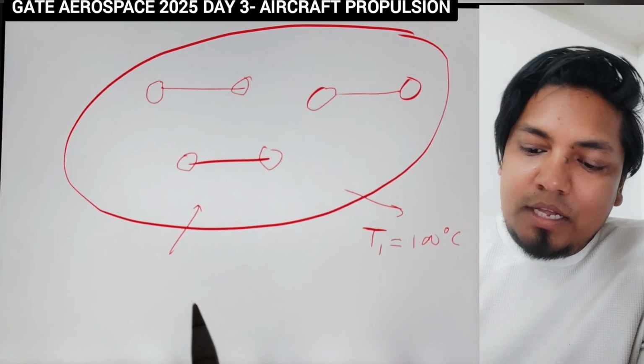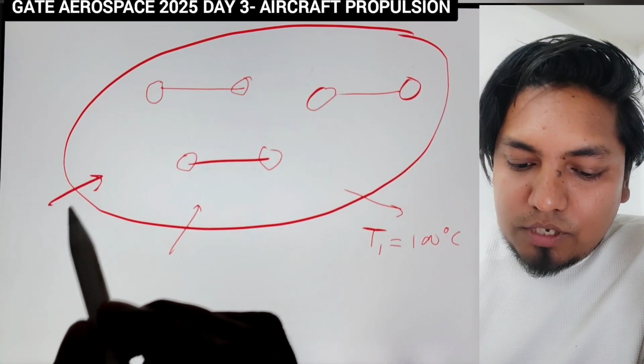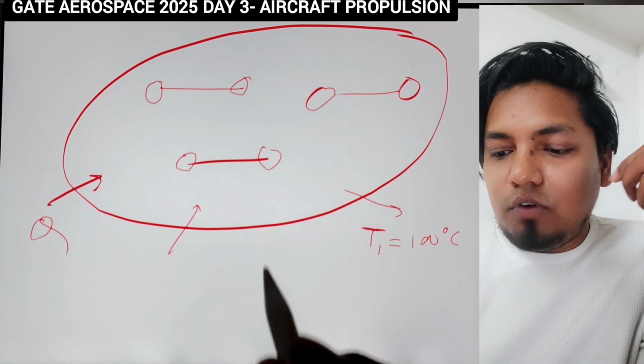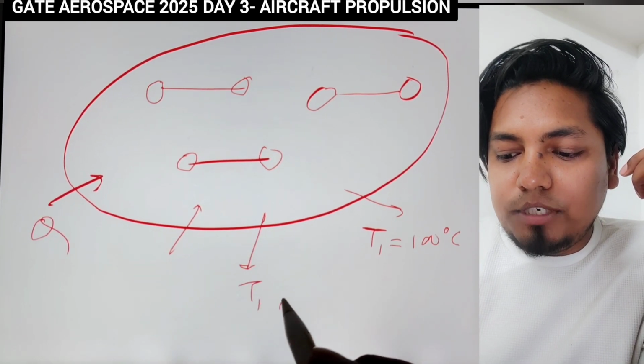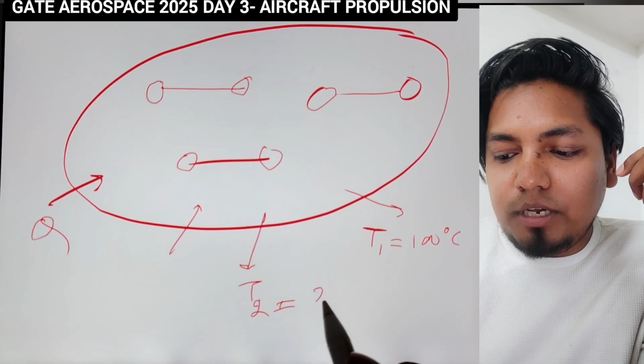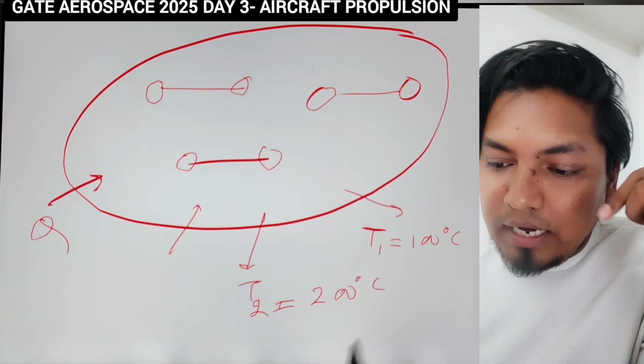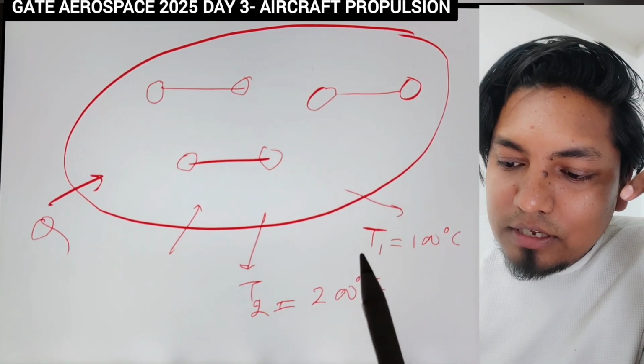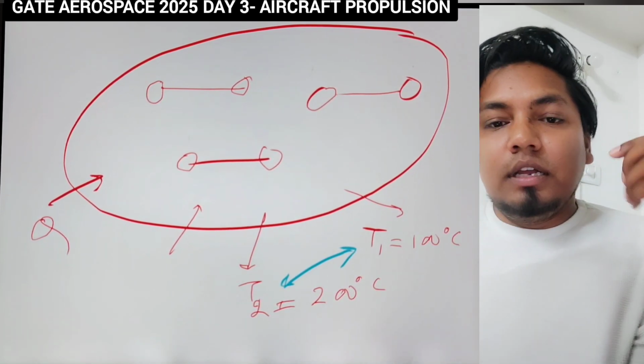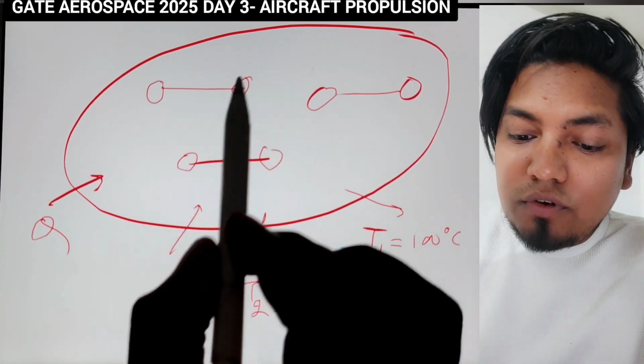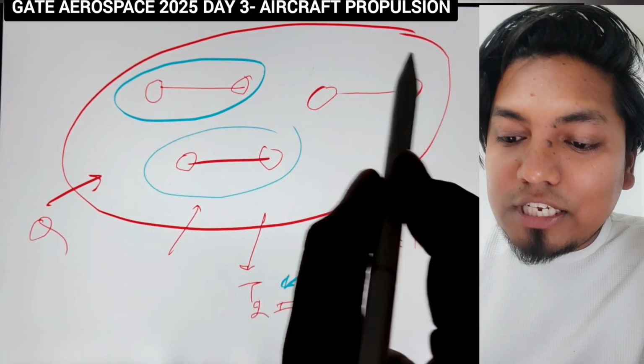Now you know what? If you supply some amount of heat, the temperature of the object will increase. It will become T2, suppose 200 degrees Celsius. Now when the temperature is changing from here to here, what kind of molecular phenomena is changing in the system?